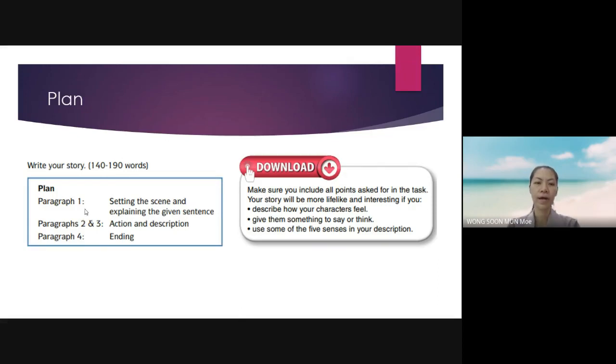All right. So before you start writing, you plan first. At least you must have 4 paragraphs. Paragraph 1, you set the scene. What is setting the scene? Anyone can explain?